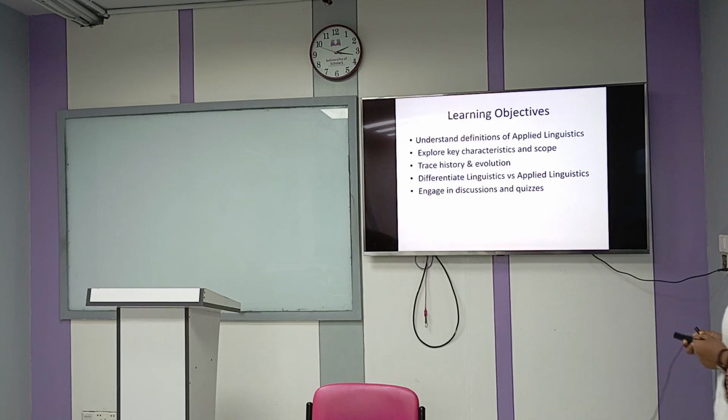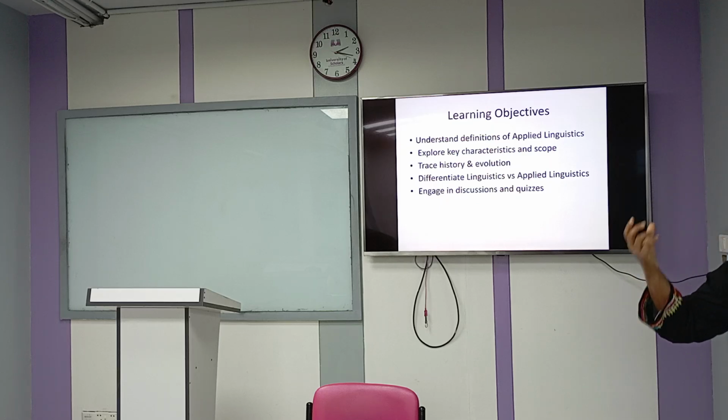So what are the learning outcomes and objectives of this course? The first one is that we will understand the definition of applied linguistics, and we will explore key characteristics and scope. The key features of applied linguistics and what those scopes are. There are broad areas that applied linguistics focuses on. As I said earlier, this is not only about SLA, second language acquisition.